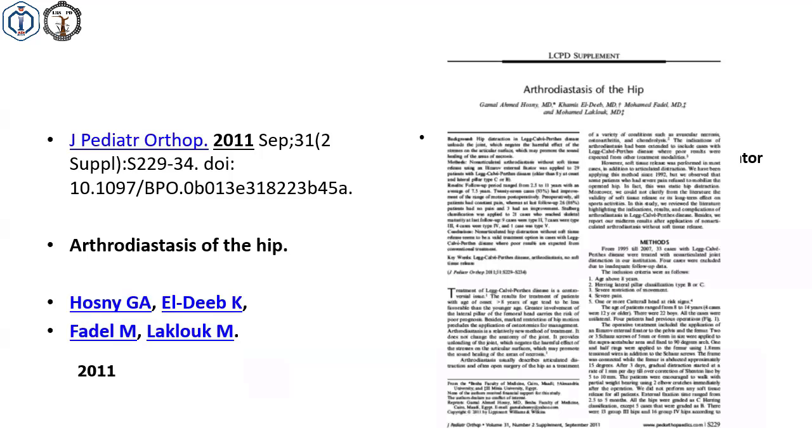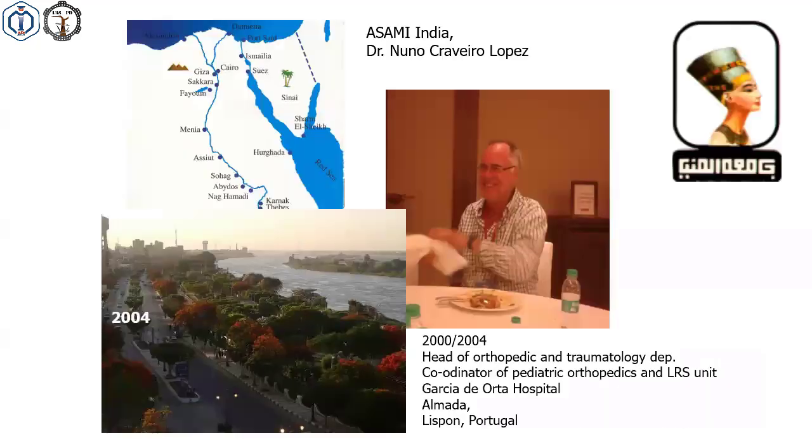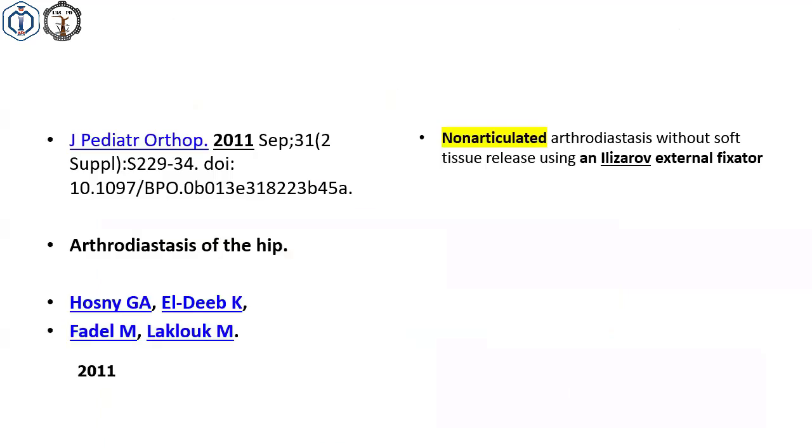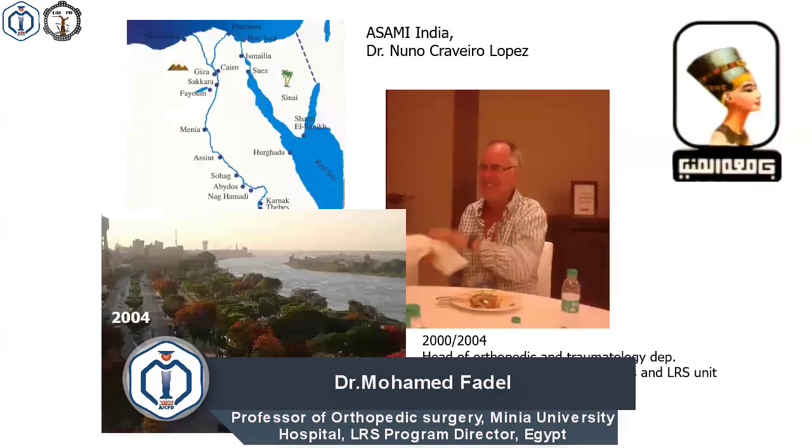I have been interested in Perthes disease for a long time, since 1999. About 25 years ago, we started working with the Elizarov as a method of managing Perthes disease, and it resulted in some publications with my dear friends and colleagues, Professors Gamal Hosni, Khamis Dib, and Mohamed Lakluk.